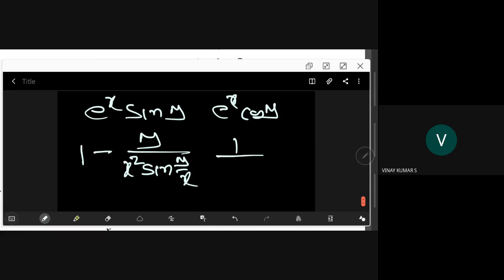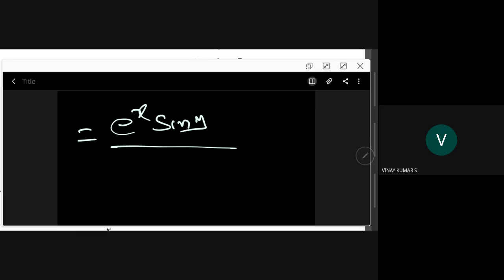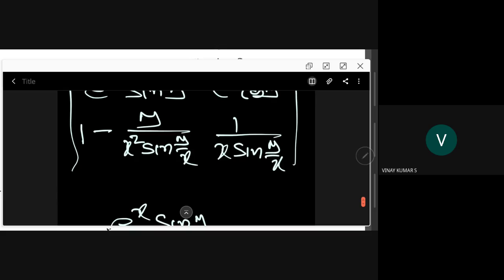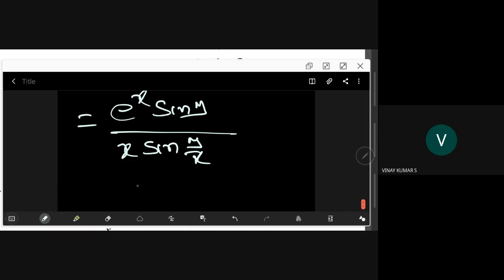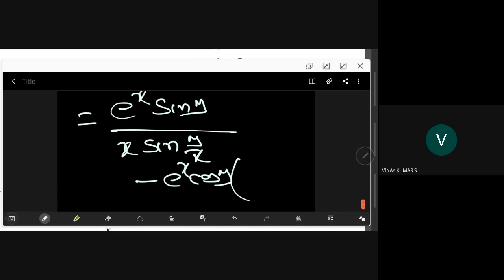So this is equal to e power x sin y into 1 by x sin(y/x), minus e power x cos y into 1 minus y by x square sin(y/x).